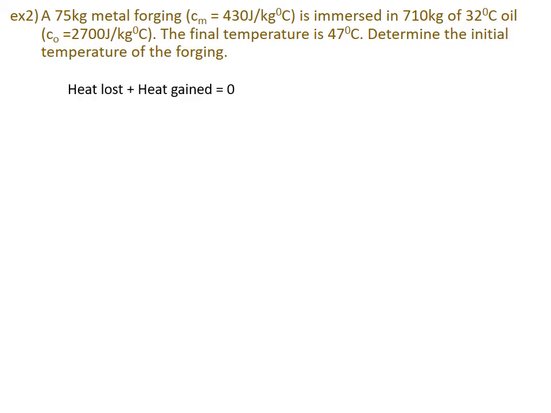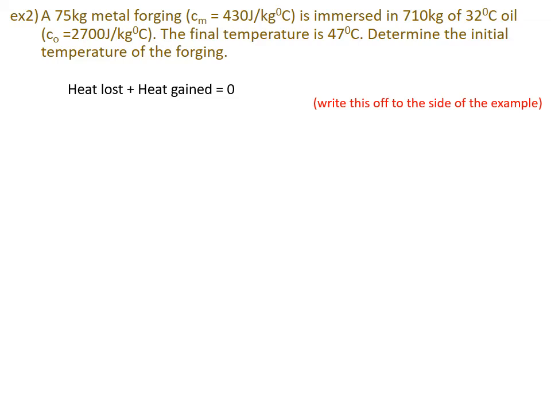I start by writing heat lost plus heat gained equals 0, because anytime I'm adding something hot to something cold and they reach the same final temperature, I use heat lost plus heat gained equals 0. On the side of your sheet of paper, we need to write a few little pictures here with our information. This will be our variable list of sorts.